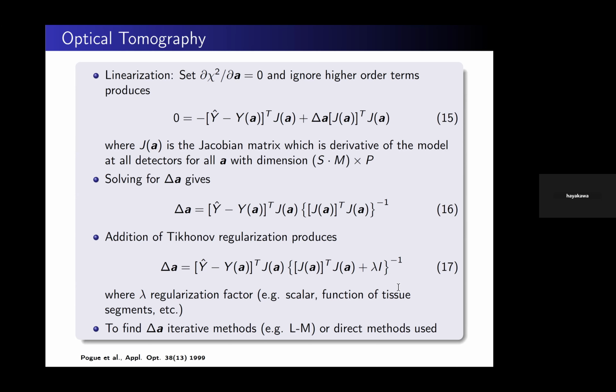But in Brian Pogue's case, they actually varied the lambda based on the tissue segment that the elements of the matrix pertained to. Then they solve for delta A, either using Levenberg-Marquardt, or sometimes they just invert the matrices.